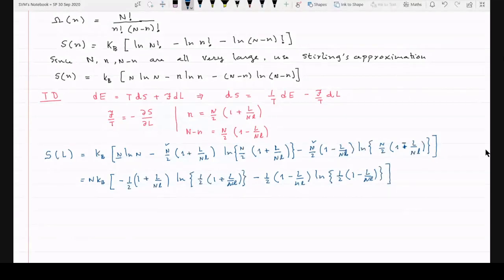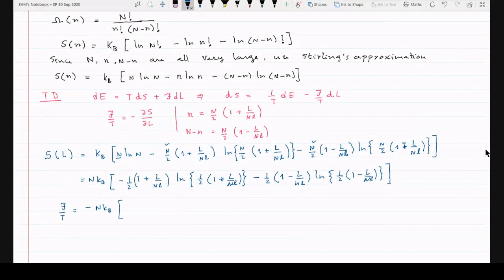So this expression is somewhat the same as in the previous spin case. You have E by N epsilon there; here you have L by NL. That's the only difference. Otherwise, this entropy expression is exactly the same. Now, since you know S as a function of L, we are ready to obtain this expression. So we have F by T is equal to minus N kB.